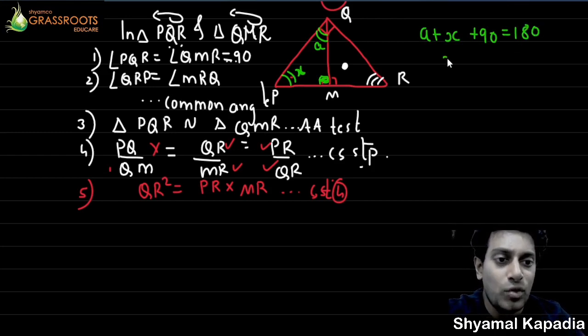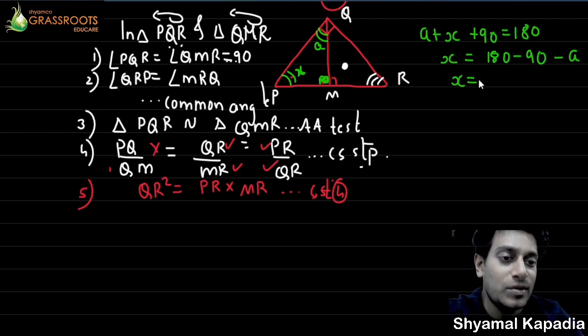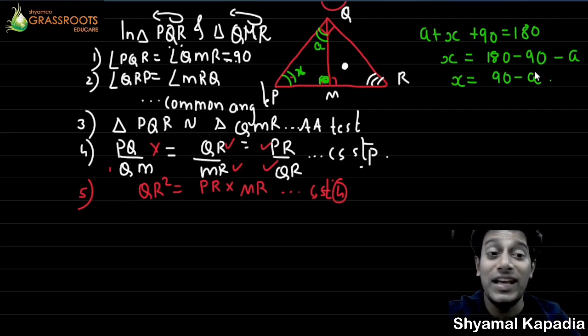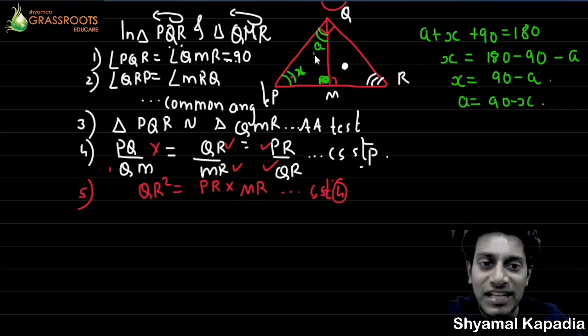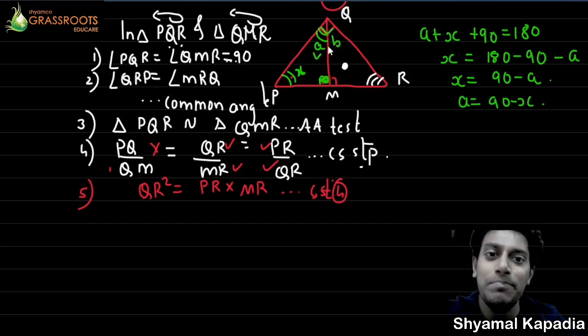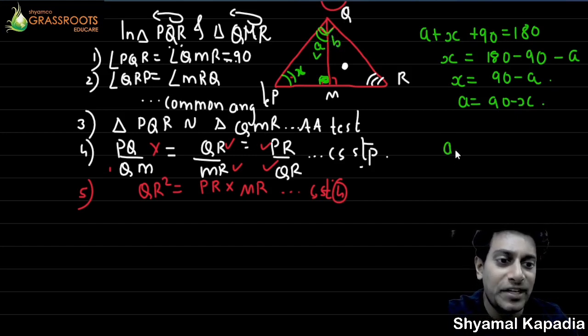So X is equals to 180 minus 90 minus A. So can I say X is equals to 90 minus A, right? So A is equals to 90 minus X. Fine. So this A part I obtained as 90 minus X, but this complete angle, let me call this as B. It's geometry. We know A plus B is 90.